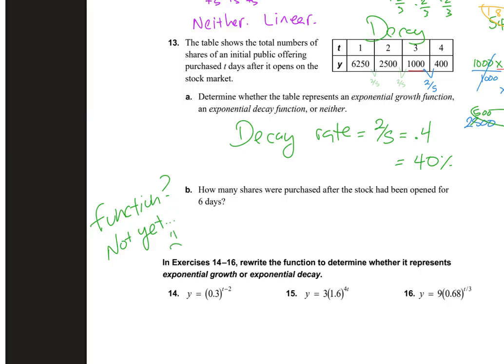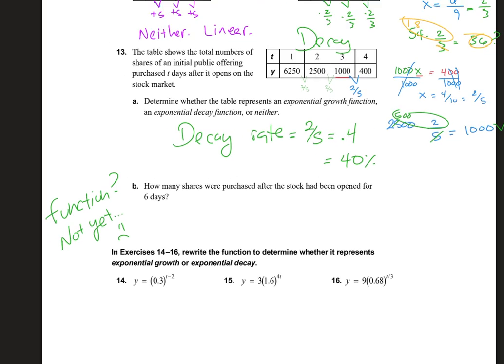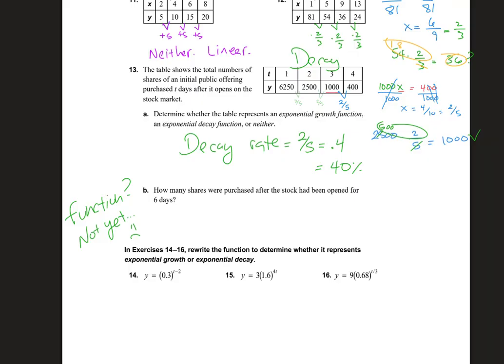So we could come up with a function. I'll show you that. But I think maybe the easier route here is, say, let's take 400 and multiply by 2/5, and this is going to represent day 5. Okay? So what we end up getting is 5 goes into 480 times. That's 160.